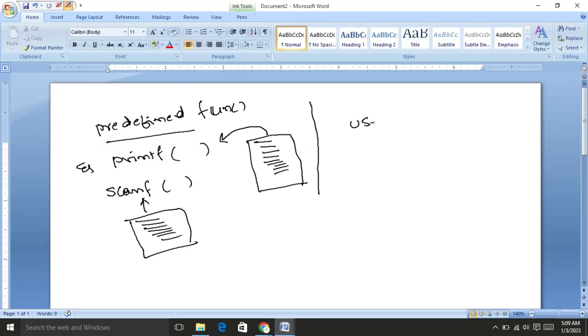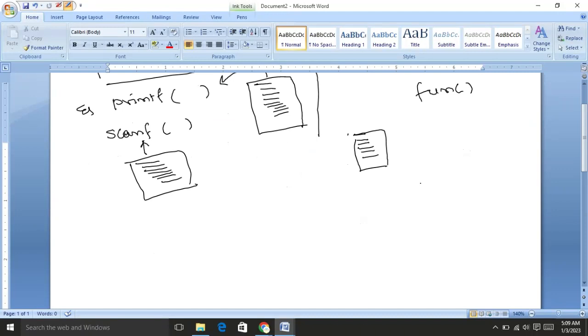The second one is user defined functions. What do you mean by user defined functions? For our requirement, we write our own functions in C language. When we write functions, we should remember the following 3 points.